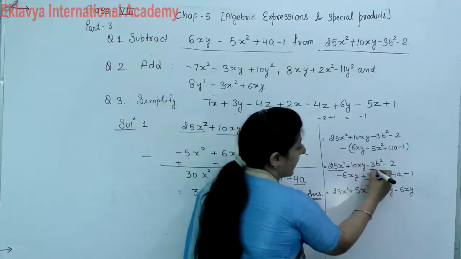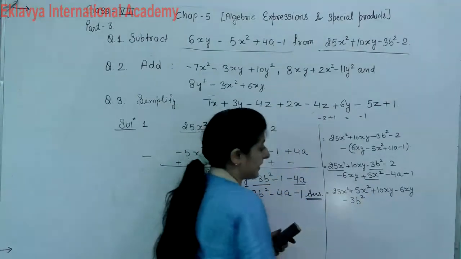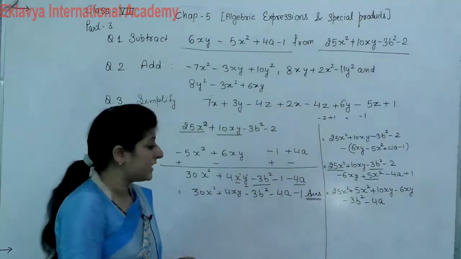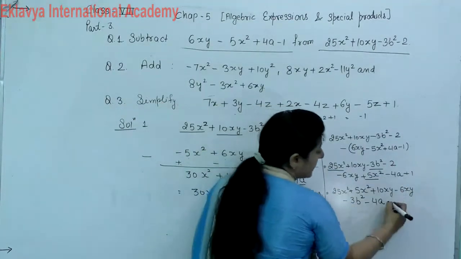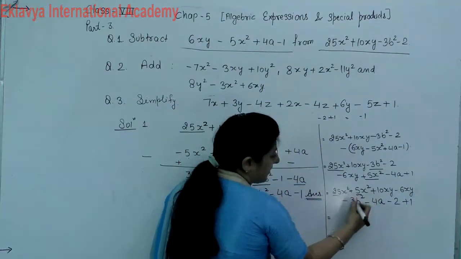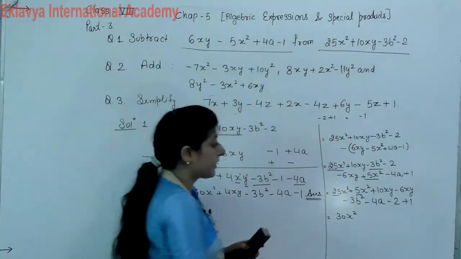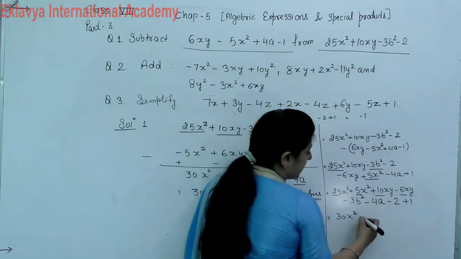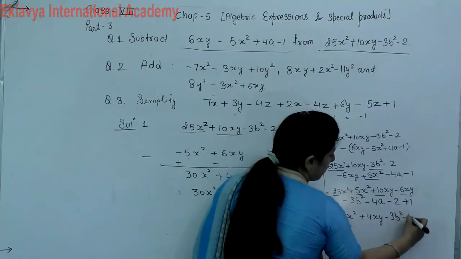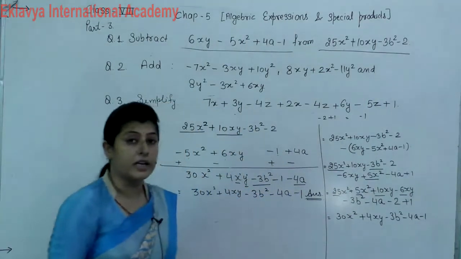Now see, minus 3b square, no other term of this b square, so we write down only this term. No other term with variable a besides 4a, so we write directly minus 4a, then it becomes minus 2 plus 1. 25 plus 5, 30. Same terms, so we can add directly. 10xy minus 6xy, 4xy. Minus 3b square minus 4a minus 2 plus 1, minus 1.